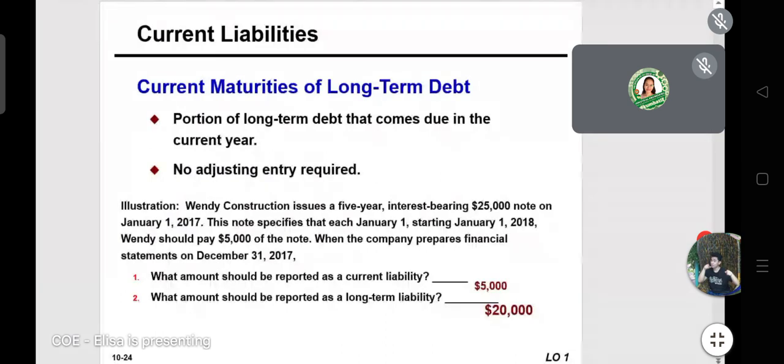As much as possible, it is one to one, or your long-term capital maturity should not exceed the life of the asset you invested in.